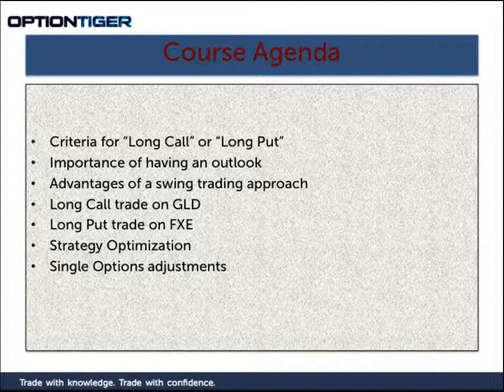But you're looking in that time frame, in 1 to 2 months. And once you take that kind of a swing trading approach to your trading, then you have the ability to take advantage of all the different market cycles that we've become used to seeing. So that's the general approach for all of the trades that you're going to see.